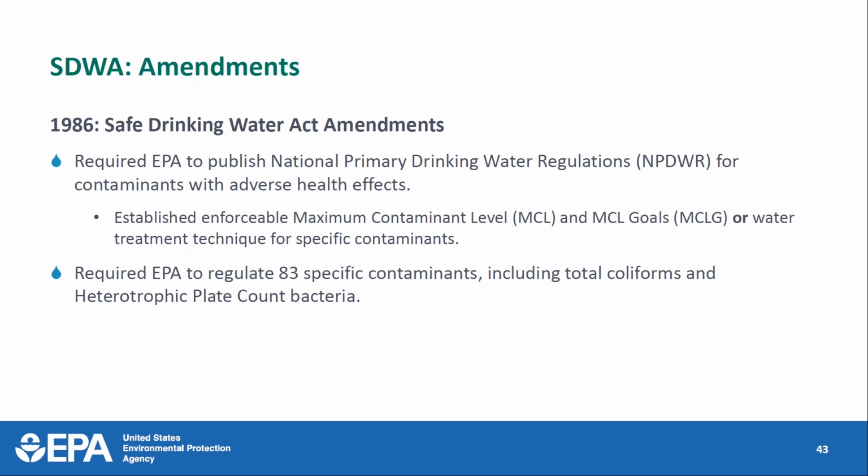So you don't actually have to monitor to show that it's there. You just follow that treatment, and the assumption is it's removed. There might be things that are not easy to measure. The amendments also required EPA to regulate 83 specific contaminants, including total coliforms and the heterotrophic plate count. Next slide, please.